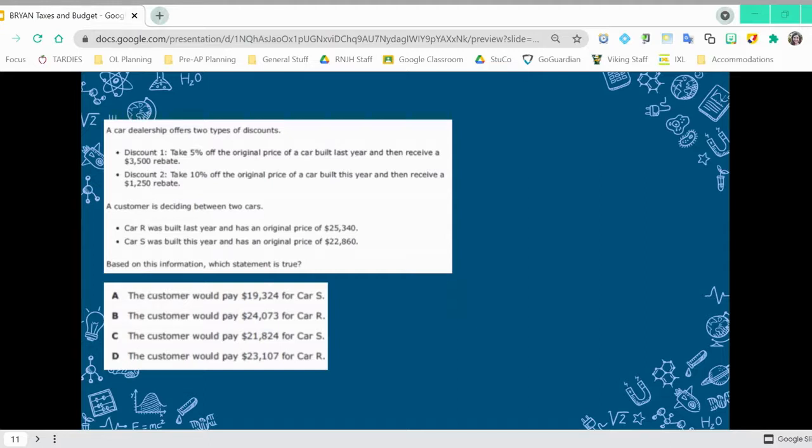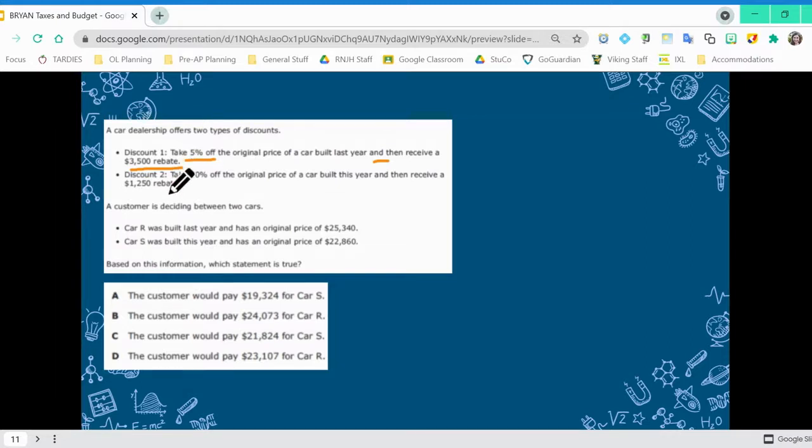So there's two deals there. You can take 5% off and get a $3,500 rebate. Now, a rebate, remember, is when they're going to mail you a check for that amount. Let's say it's a Toyota car, Toyota is going to pay you back $3,500.